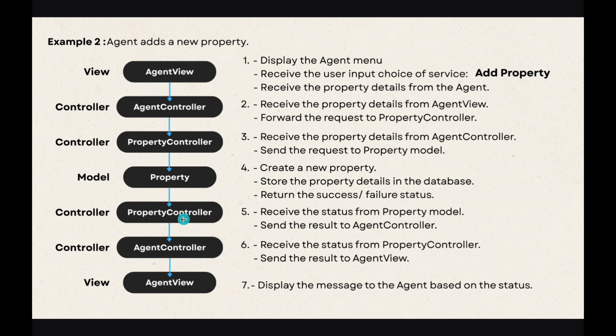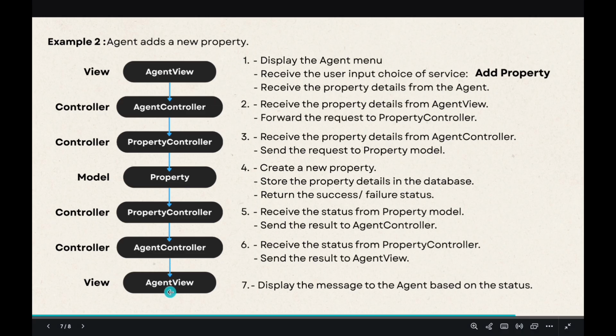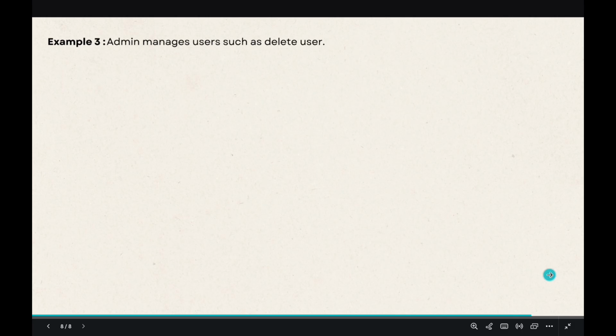The property controller receives the status and sends the result to the agent controller. The agent controller also receives and sends it to the agent view. The agent view displays the message to the agent based on the status. So it sends the success message if the status is true, while it sends the failure message if the status is false.